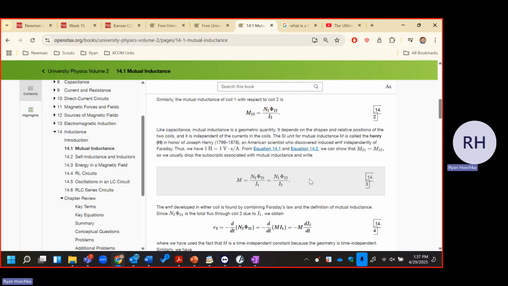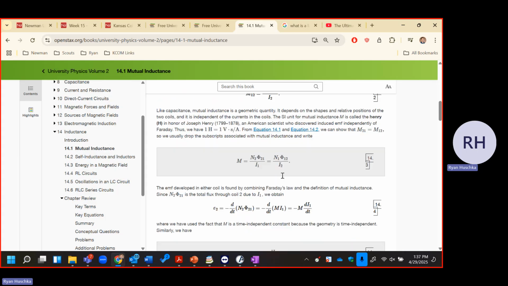This is why I wasn't too particular on the notation, because your mutual inductance should be basically the same, where you're defining it in the following two ways.